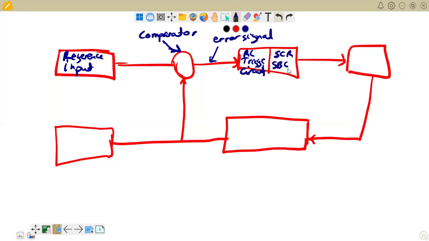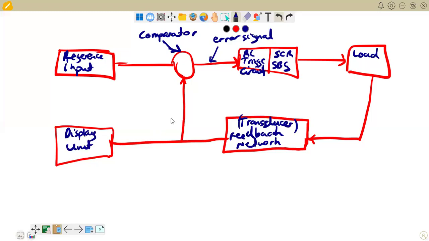And then we have the load, and then we have the transducer, which is our feedback network. And then we have our display unit, and then we have our feedback signal. So there comes out our diagram. This is the positive. That's our comparator there.